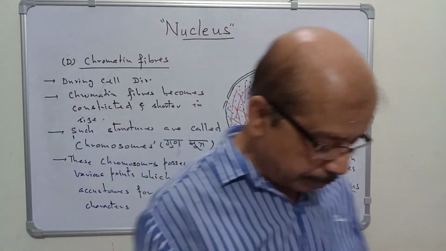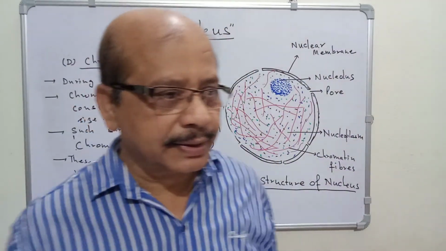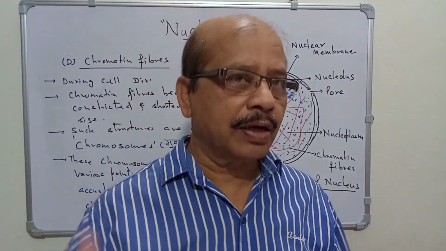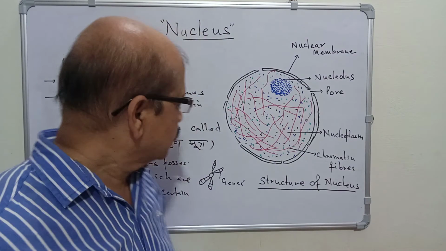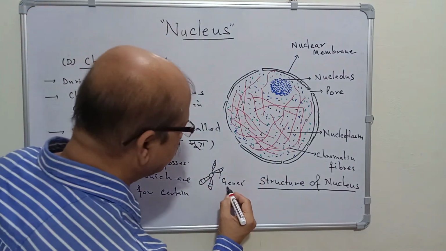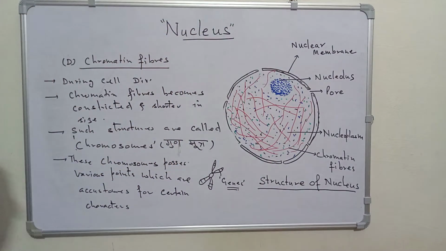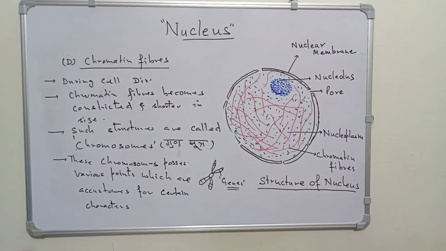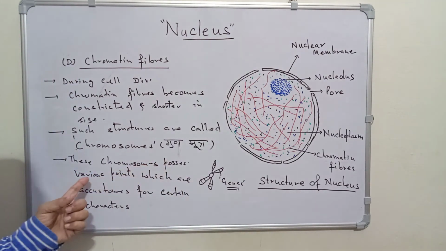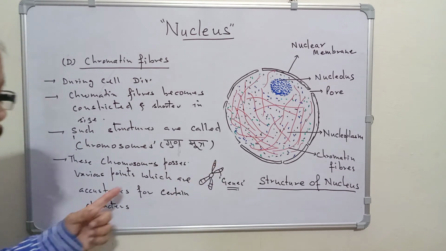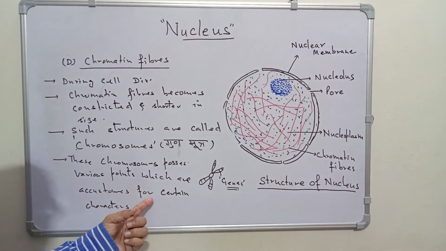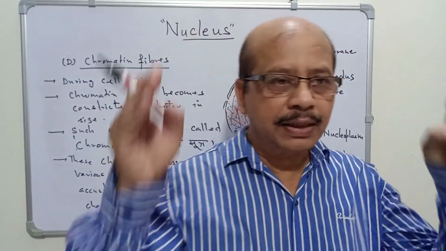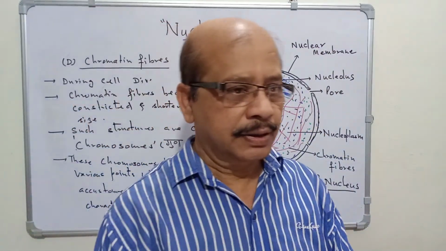You might have heard people telling that this character is in our genes. It means it comes from our forefathers. So these genes are responsible for transferring various characters from one generation to other. So these chromosomes possess various points which are accustomed for certain characters. Like one gene is responsible for the height of a person.